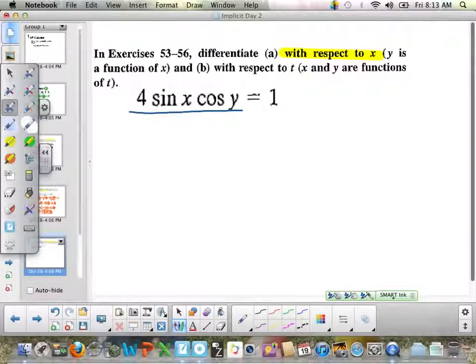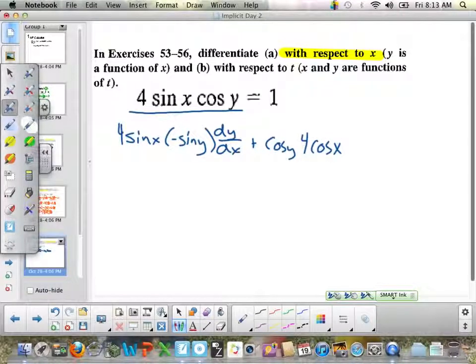So we're going to be using the product rule, which is the first function, 4 sine x, times the derivative of the second function, derivative of cosine is negative sine of y, times the derivative of what's inside, dy dx, plus the second function, cosine y, times the derivative of the first, 4 cosine x, equals 0.